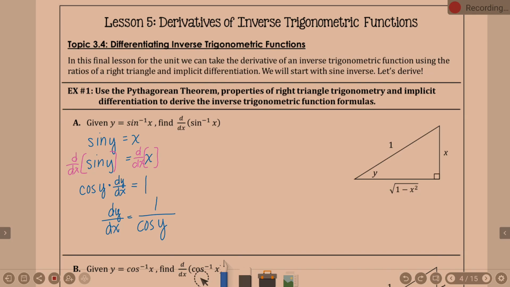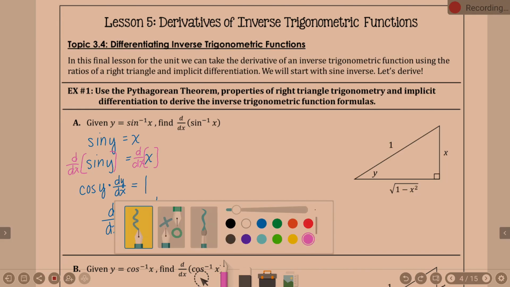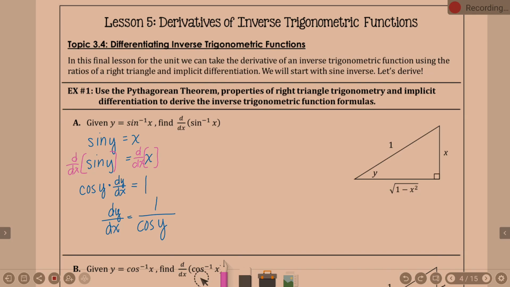This is where our right triangles are going to come in. To give our final rule, we're not going to leave it as the derivative of sine inverse is 1 over cosine y. We need it in terms of x. My original problem here was sine of y equals x, which is x over 1, correct?